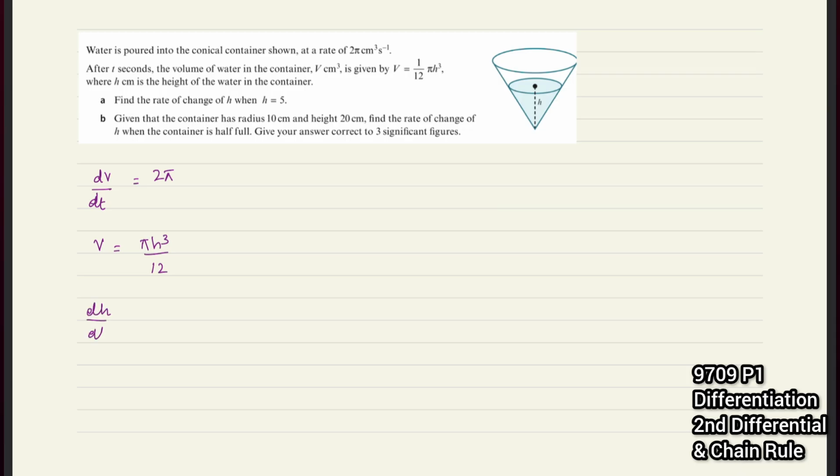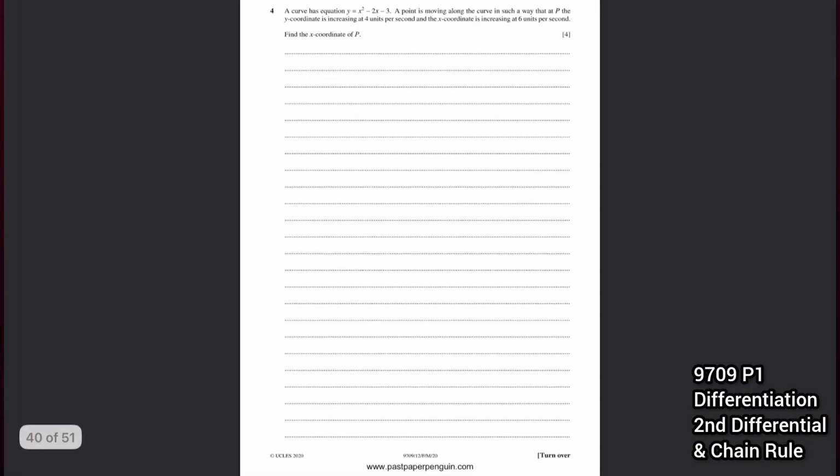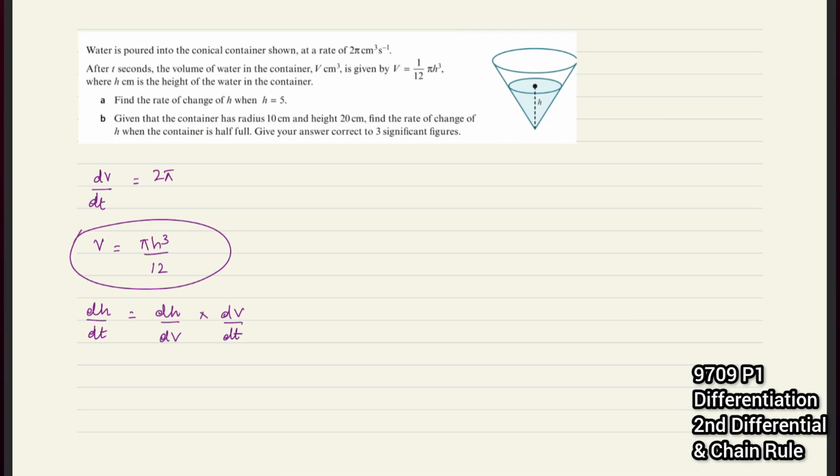dH by dt is equal to dH upon dV into dV upon dt. dV upon dt is given. dH upon dV is not given, and how do we find it out? V is equal to something, which means we will find dV by dH first. dV by dH is equal to 3 pi h square upon 12, which is pi h square upon 4.